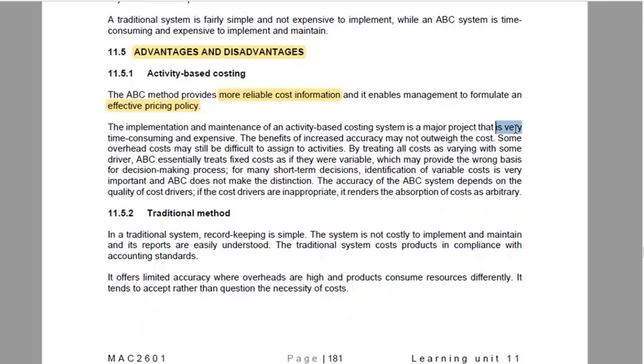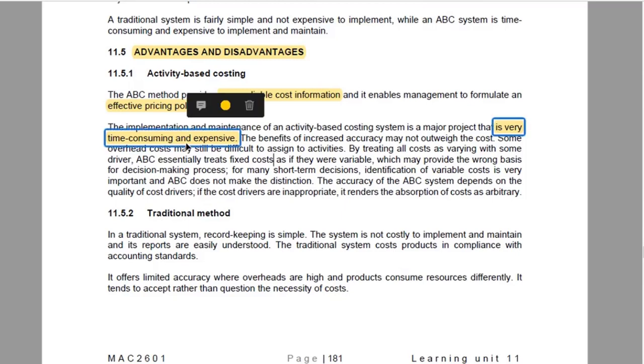But the disadvantage with ABC is that it's very time consuming and it's expensive. As you can think about it, like I said, it's a time trap, because it's time consuming identifying the cost driver, identifying the activity, knowing what those cost drivers are.